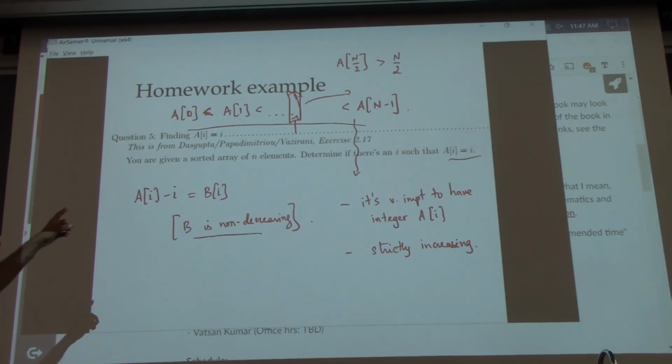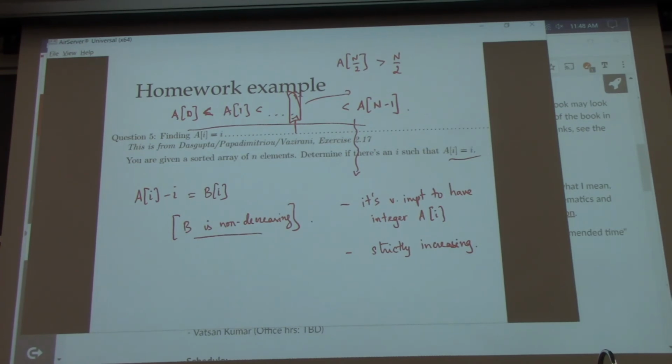Then there's no way anything on the right can be the answer, because these things are all integers, and they increase by at least 1 at every step. So it's a of n over 2 plus 1, plus 2 at least, and that's why you can't have something on the right for which a of i equals i.